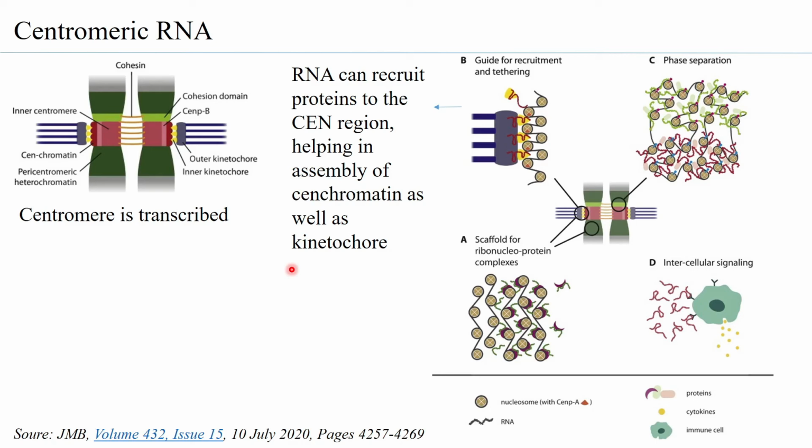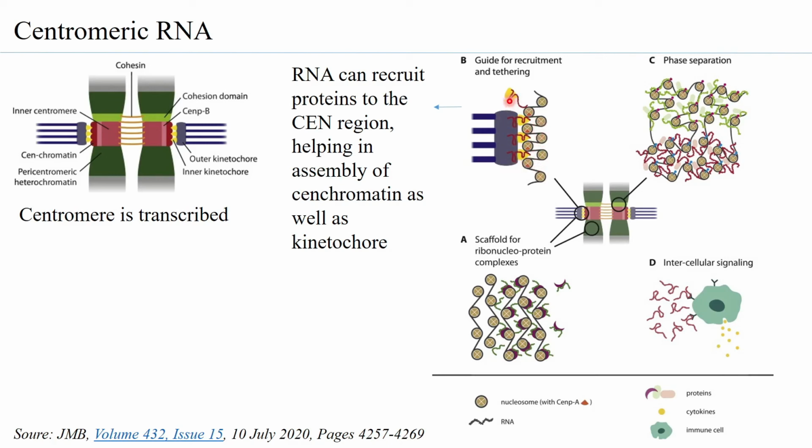There are also studies that have suggested that many of the RNA may not have originated from the centromere itself. They can have been formed in different euchromatin regions of the chromosome, but they come and assemble at the centromeric region. Now, you can see these red structures over here.